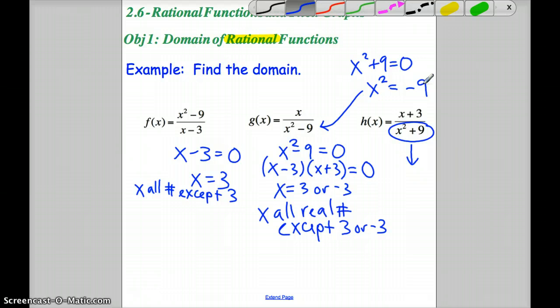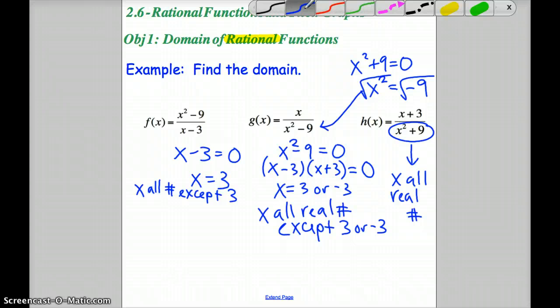But when we square root both sides, x squared is only negative 9 if x is an imaginary number. So this will never be 0 for all real numbers. Therefore, x can be all real numbers for h of x. So you may not always have a restriction on the domain, but you will often have a restriction on the domain. So we want to keep an eye out for that.